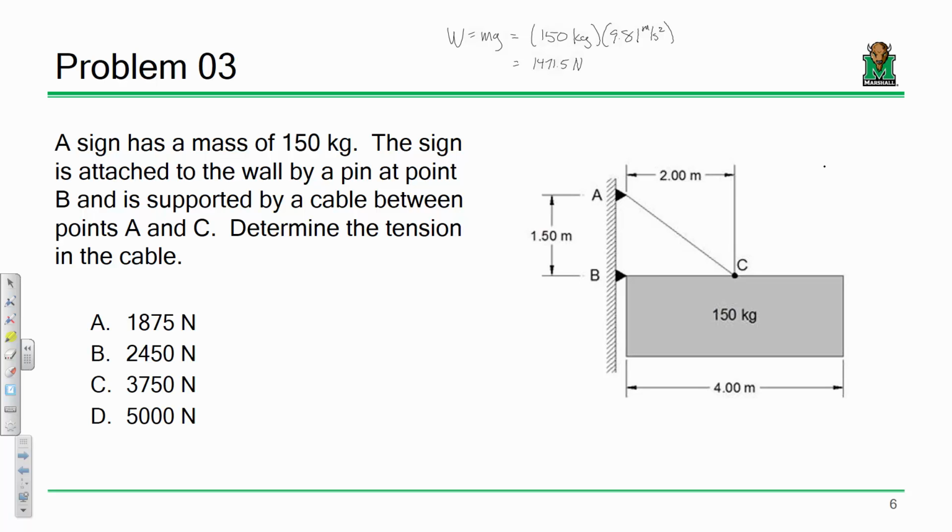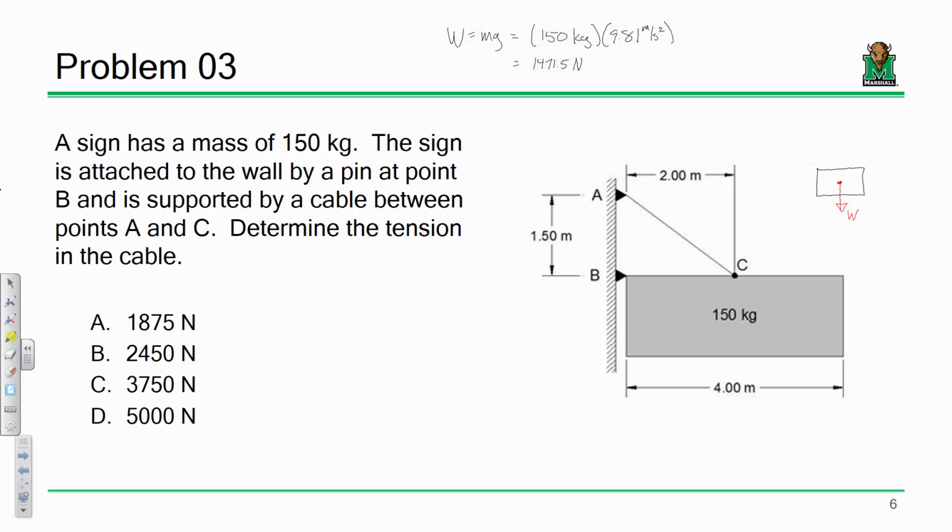Okay. So if I look at this from a free body diagram standpoint, here's my box, and I essentially have the weight of the sign acting down.